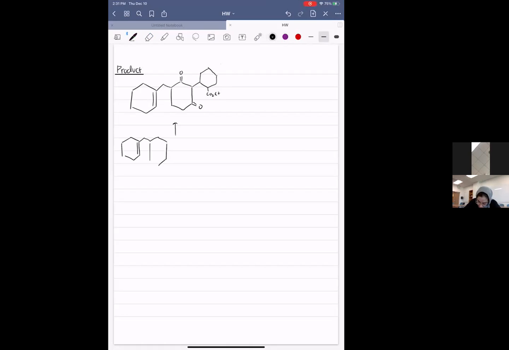And then I have my two ketones, and then there's going to be a negative right here. And then this is the other structure that I'm attaching. So before this is a negative, it's actually a hydrogen, and we use LDA, as I said earlier, to deprotonate this hydrogen.